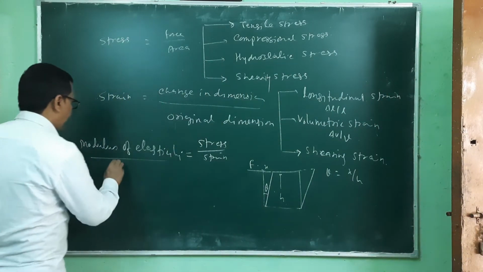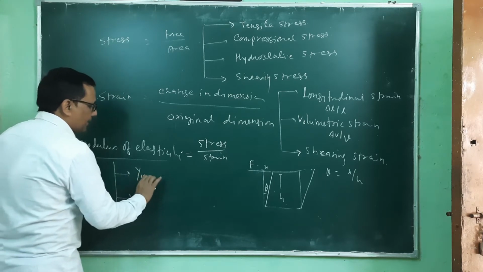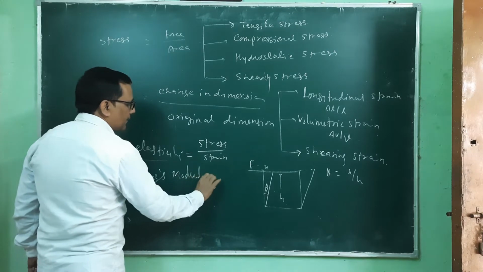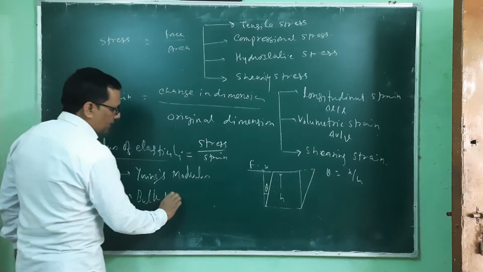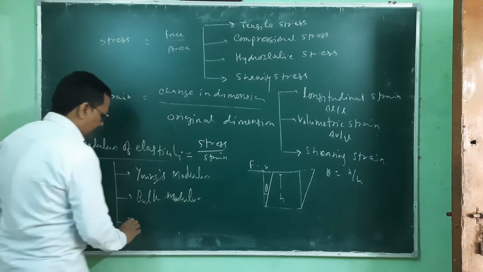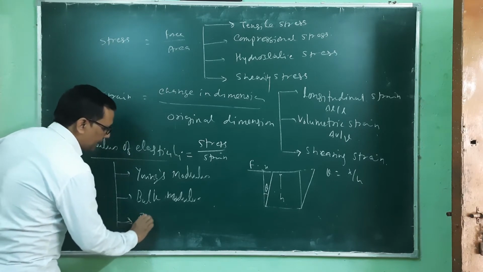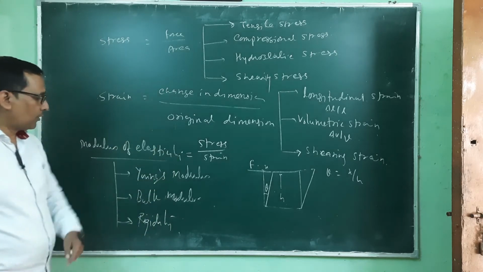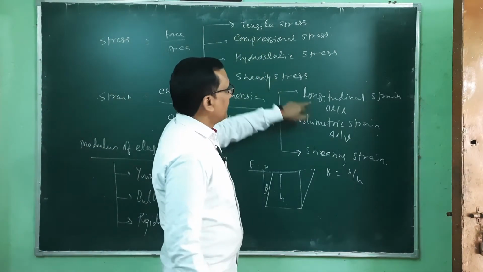And we have classified this modulus of elasticity as: the first one is Young's modulus, the second one is bulk modulus, and the third one is rigidity, that is the shearing modulus.